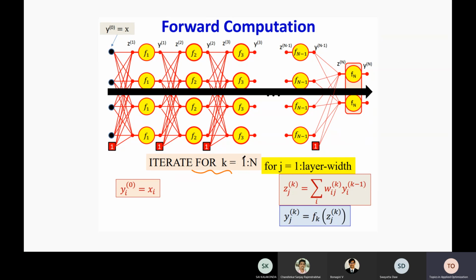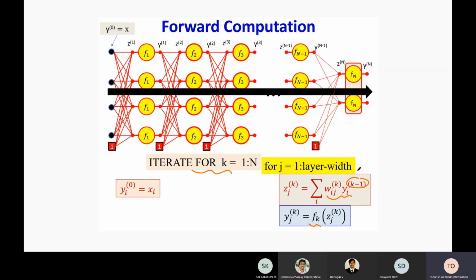At each layer we do a linear combination of the previous output with the weights of the current layer, and then we do the activation with the activation function of that layer. Usually the activation functions will be the same. All f1 to fn will be the same activation function. Usually you don't change the activation function. That's how at k equals n we will get the final output y superscript n.